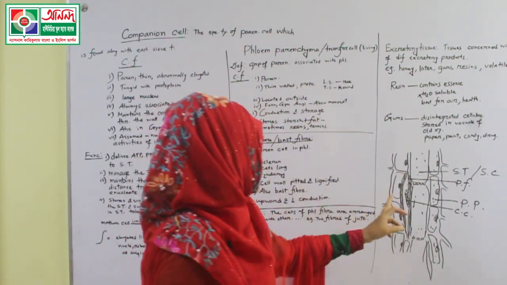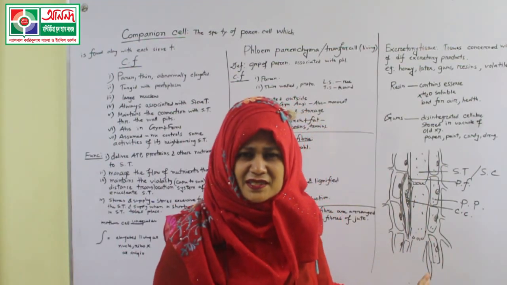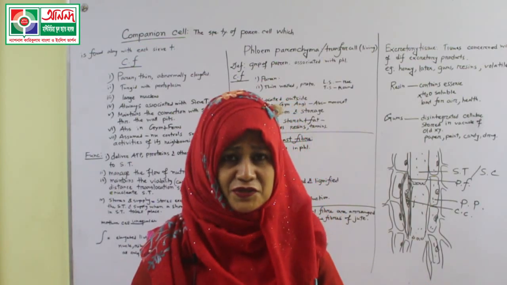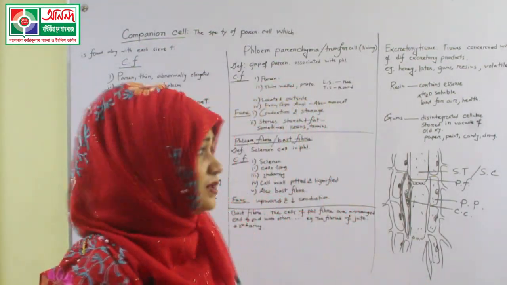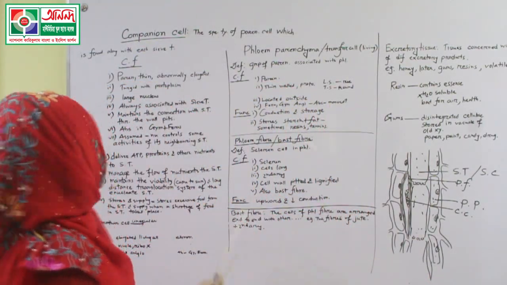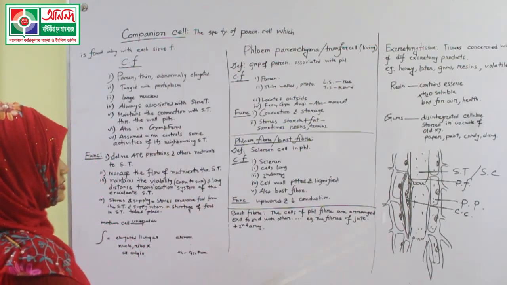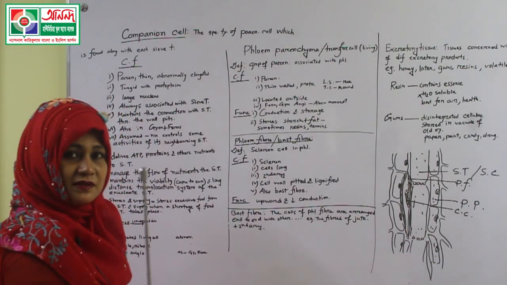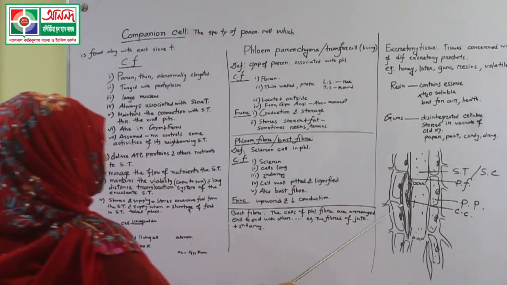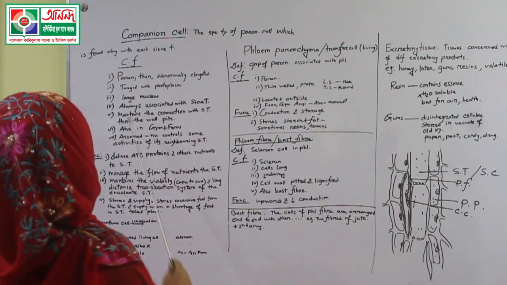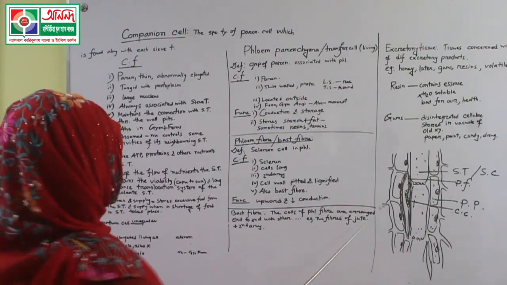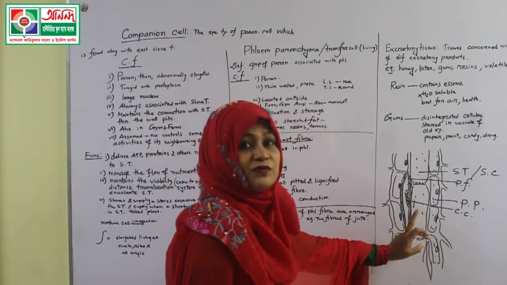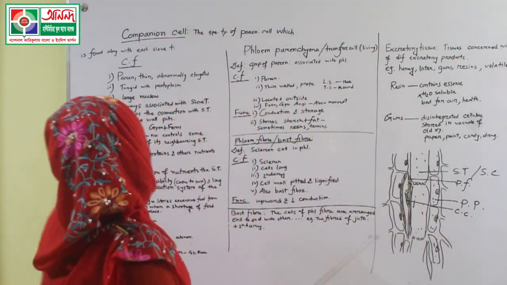Characteristic features: it is abnormally elongated cells, pointed tips, turgid with protoplasm with larger nucleus, and also I have written like this. Parenchymatous cells, thin wall, abnormally elongated. Clear? Now, turgid with protoplasm, I have told, large nucleus, yes, large nucleus, and always associated with the sieve tube.